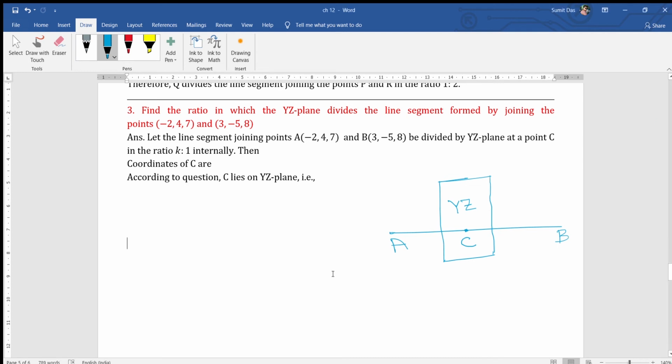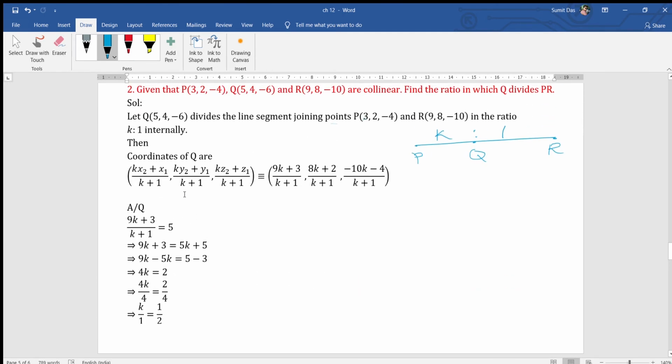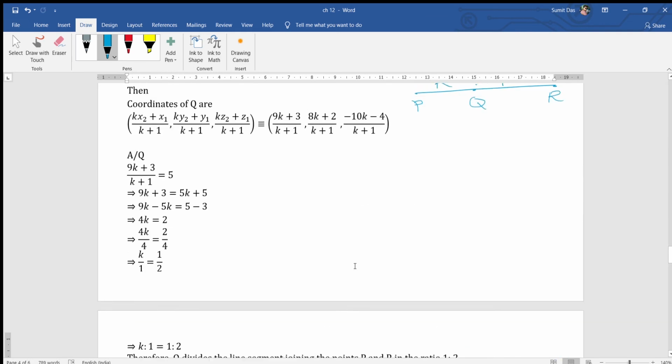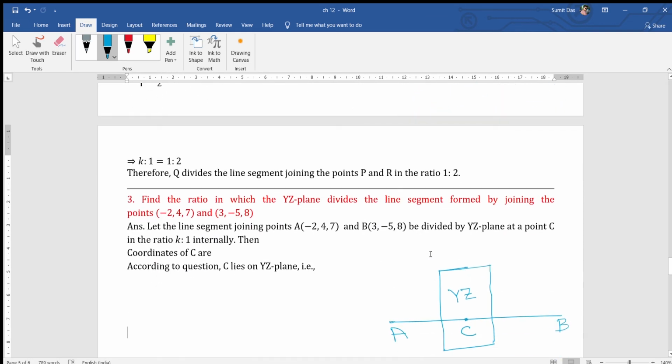So basically we'll find the coordinate of C like this, and then we'll compare the x coordinate with 0 because it is known.